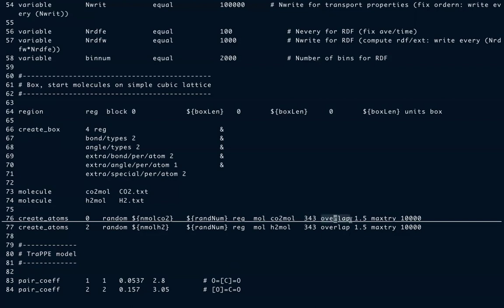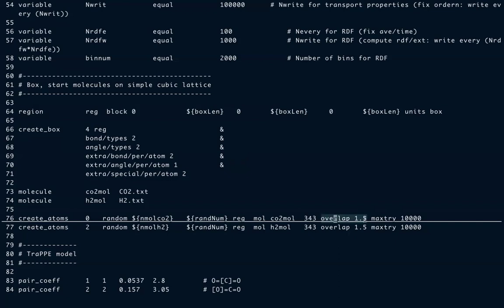And then here, what it's telling you is that please place it at an overlap of 1.5 or greater, and place it such that no two molecules are within a distance of 1.5 angstroms. Now, it can happen that if your box is very small, and if you're trying to pack many molecules together, then sometimes this criteria is not met.